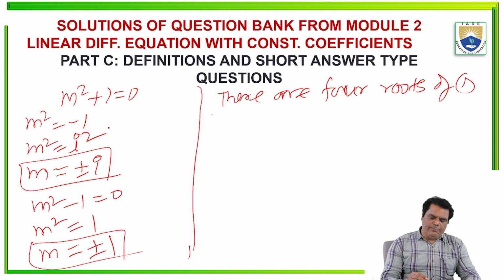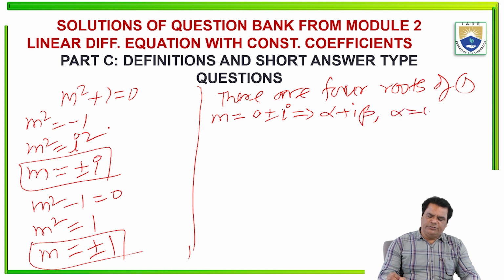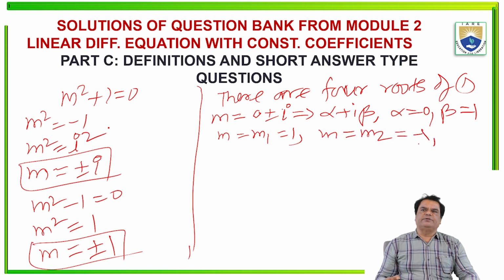First is m equal to 0 plus minus i, so this is alpha plus minus i beta, so alpha is 0 and beta is 1. Next, m1 is 1 and m2 is minus 1.